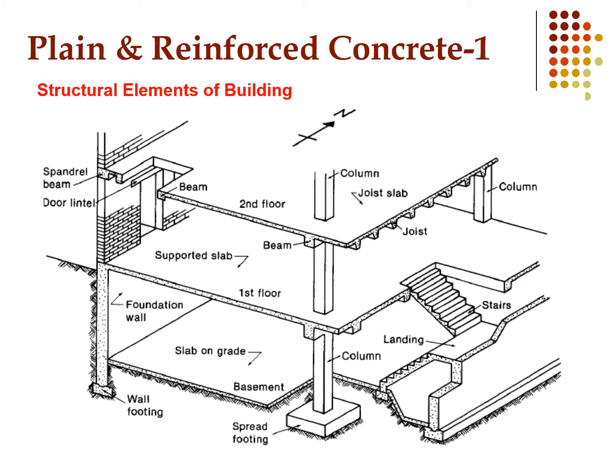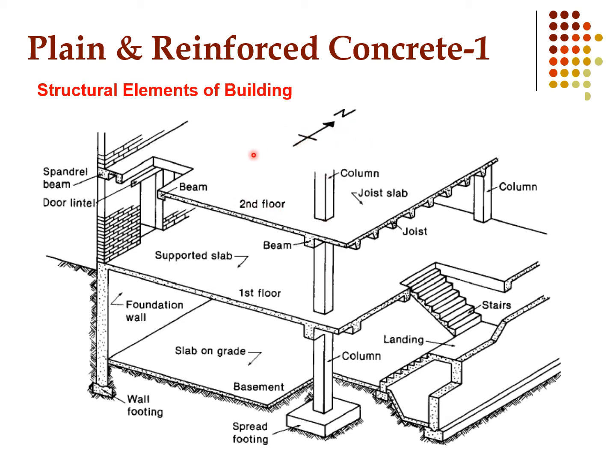In this slide, we will see what are the structural elements of a building and how basically load is going to transfer from structure of the building to the footing and ultimately to the soil. So we have basically that slab, which is basically in between this column and this column.